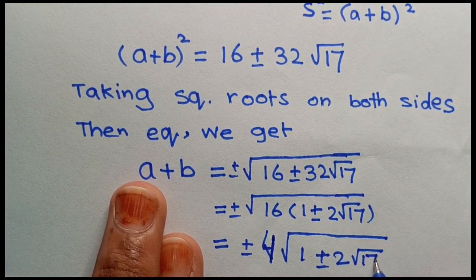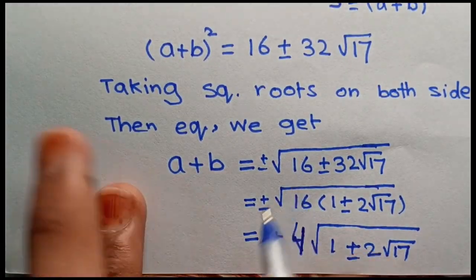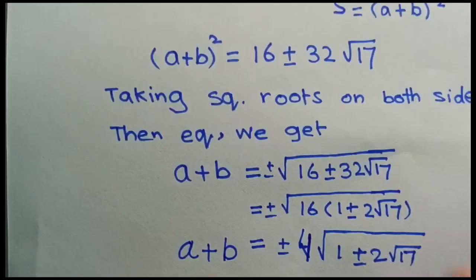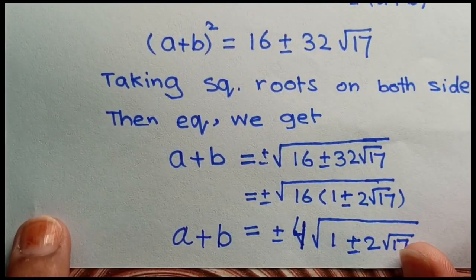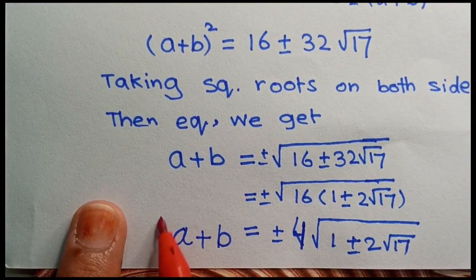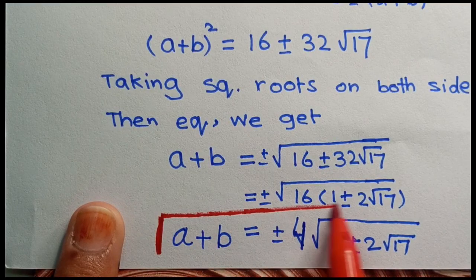So we have a term in the form of 4 times 1 plus and minus 2 under root 17 is equal to a plus b, the required answer of the given problem.